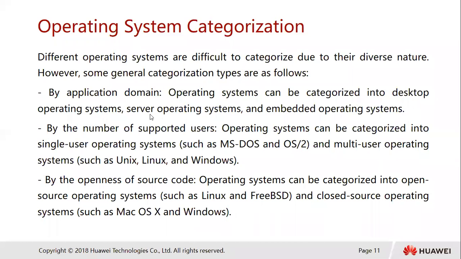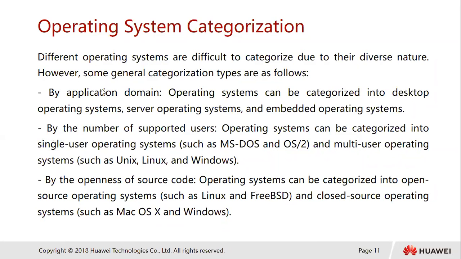A server is a computer which provides services. Embedded operating systems, of course, we find in different devices now. In modern fridges, they have embedded operating systems, cars, and so on.